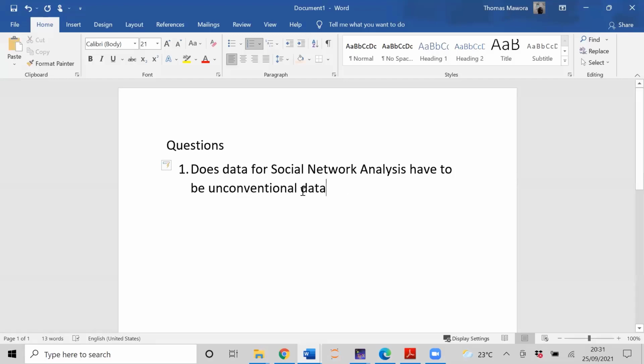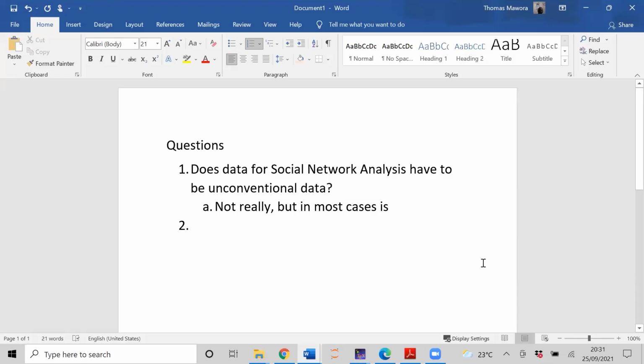Because some of the data we collect for social network analysis, you collect like 2 or 3 variables, or even 4. It's not like a normal survey that has a lot of questions for it to be comprehensive enough.